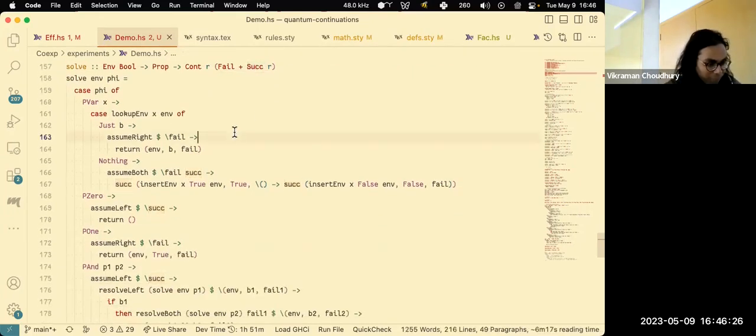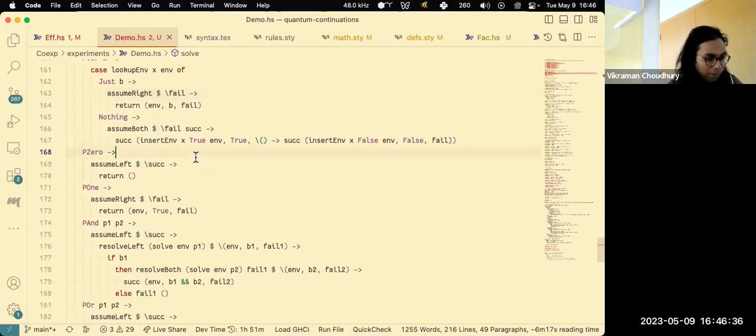So this function solve is written entirely using these assume and resolve combinators. Just as an example, when you see a 0, you have to fail, so you assume left and just return. And if you see a 1, then you assume right and just return this continuation.